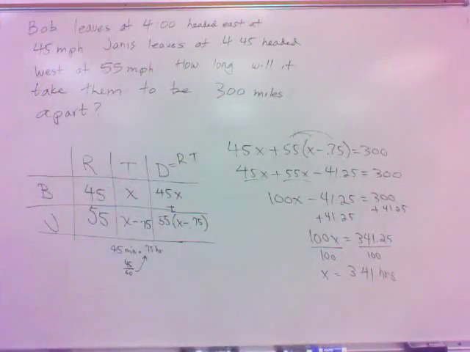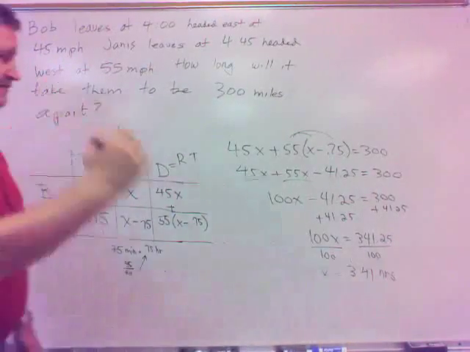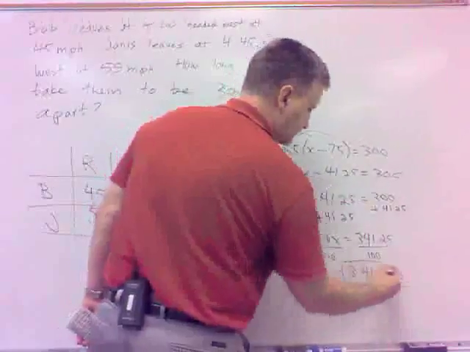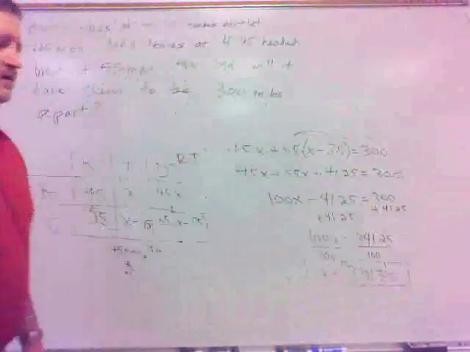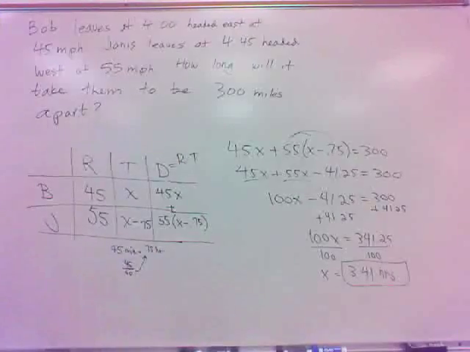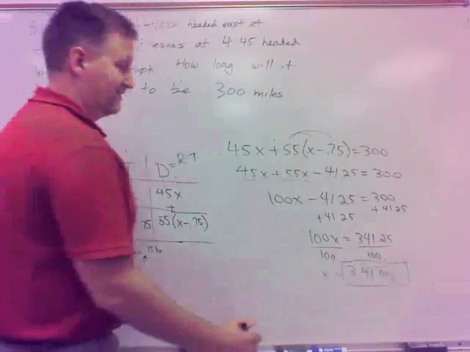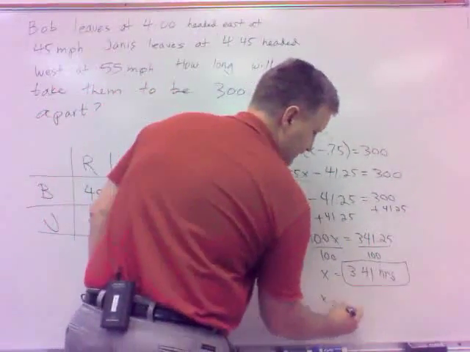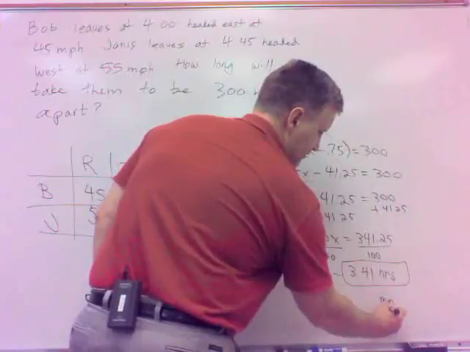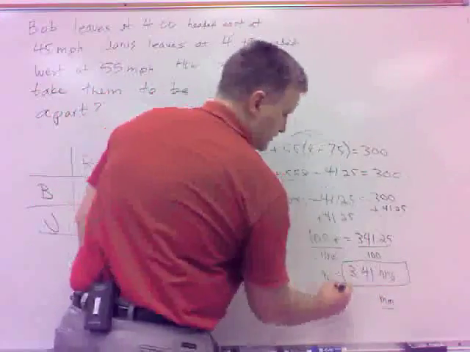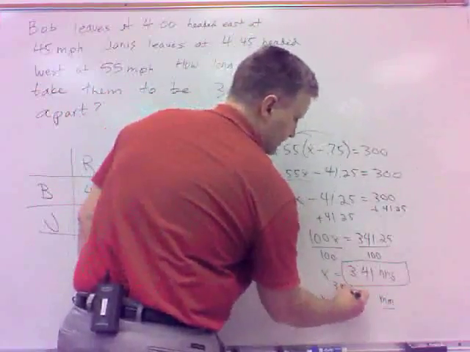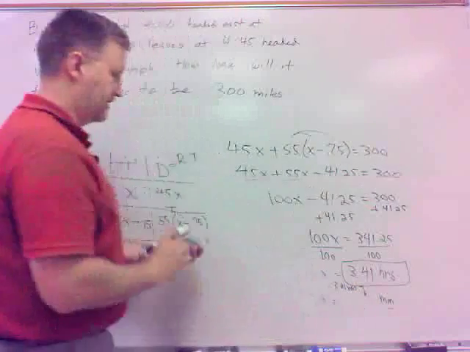And if we wanted that, that would suffice here. If I wanted that in a minute format, I would multiply by 60, right? Just say 3.41 times 60. That'll be the minutes there.